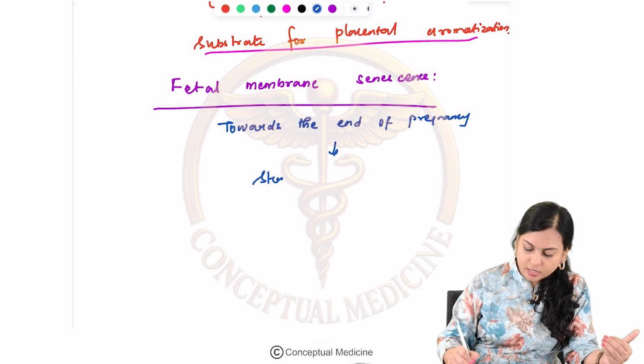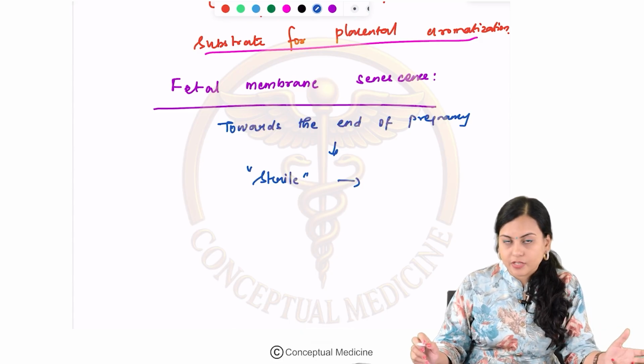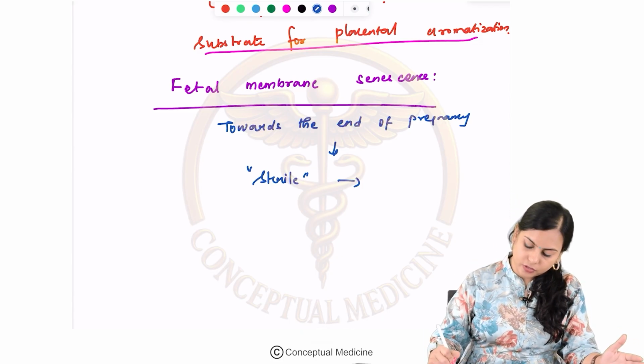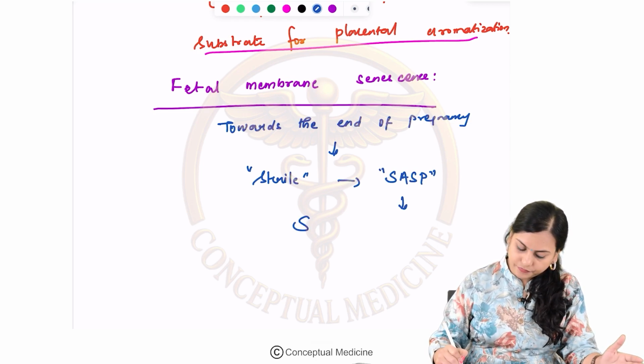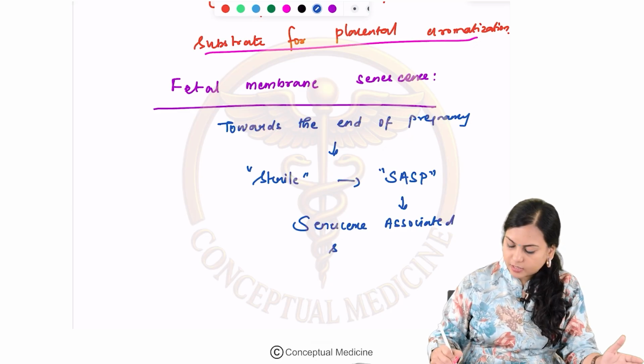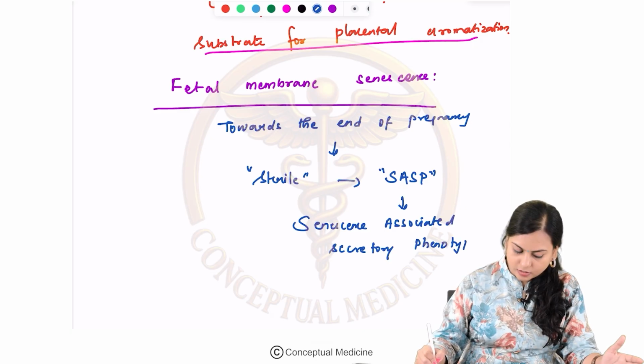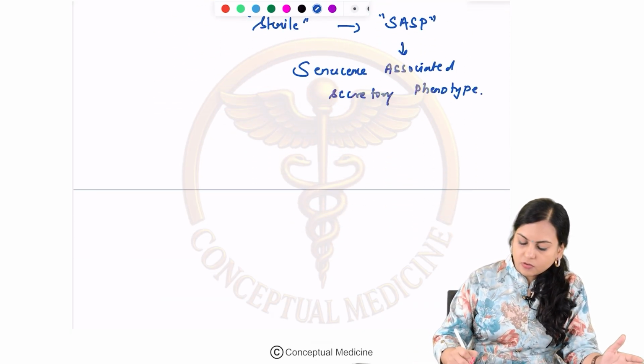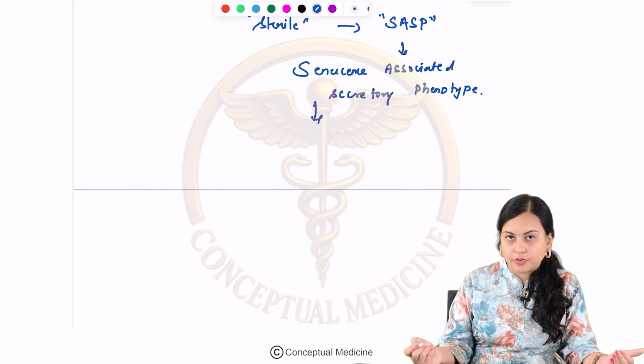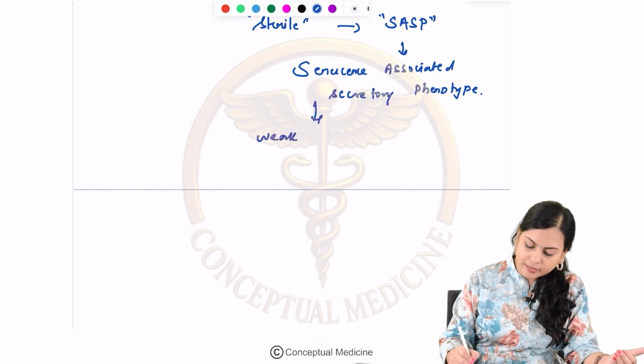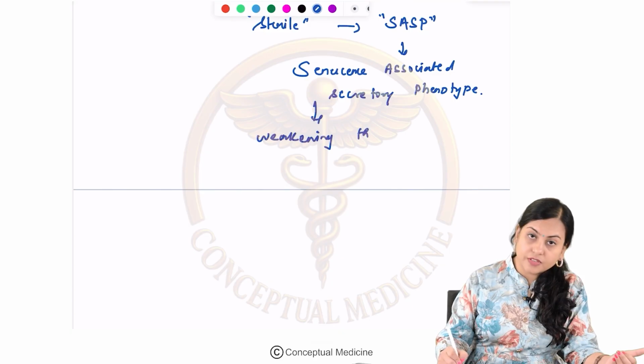Sterile inflammation means no organism is involved, but even then there is an inflammatory-like reaction, usually associated with SASP, that is senescence associated secretory phenotype. Due to this, inflammatory signals are produced and that weakens the fetal membranes.